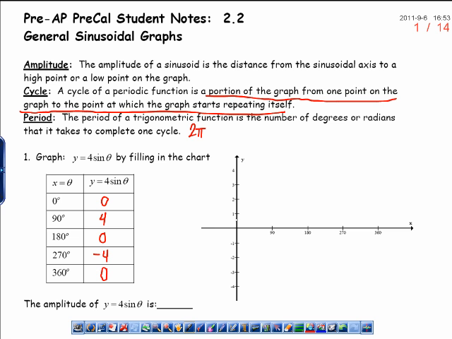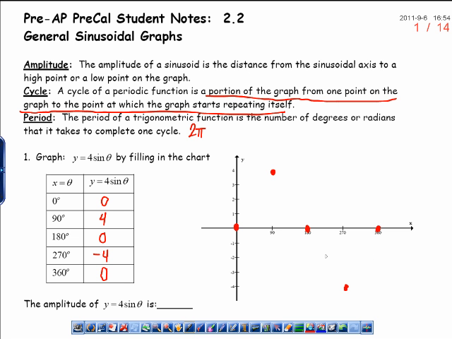All right, let's plot these points. And so our independent axis here is the x, that is our theta, our degrees, and our dependent axis here is these y values represented by 4 sine theta. Okay, so let's plot 0, 0, 90, 4, 180, 0, 270, negative 4, and 360, 0.